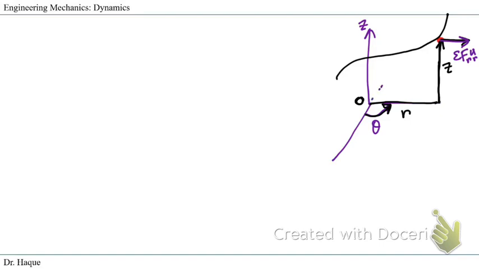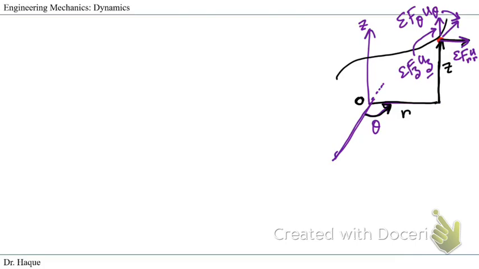Parallel to this axis here, we'll have summation of F theta u theta, which is this direction, and we will have the vertical one along the z direction, which will be summation of Fz uz. So uz is this upward direction.